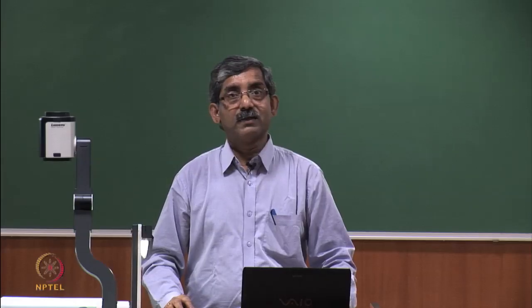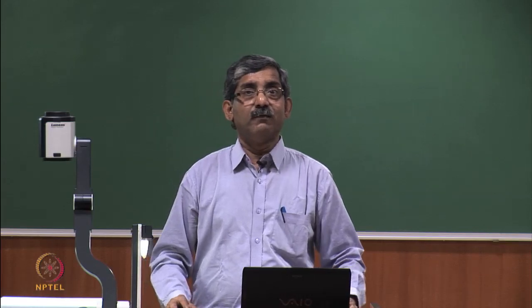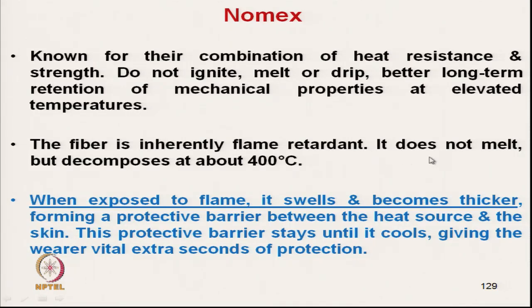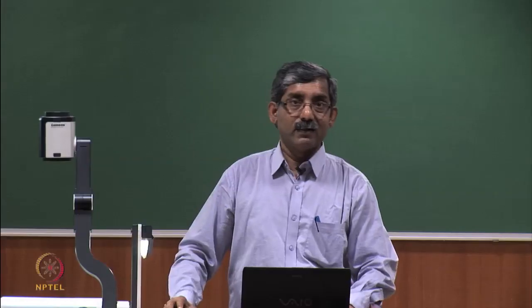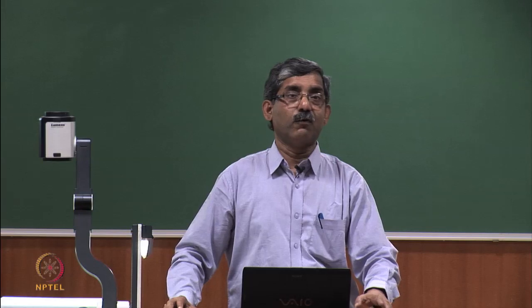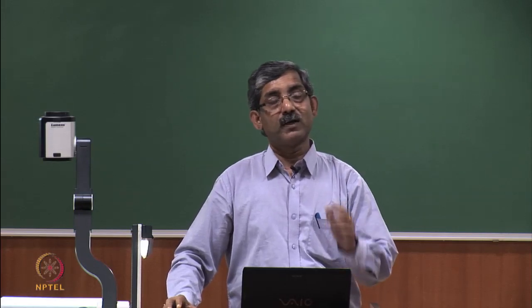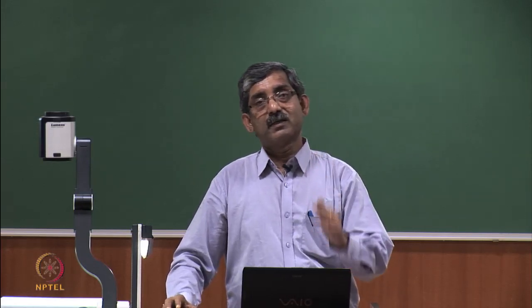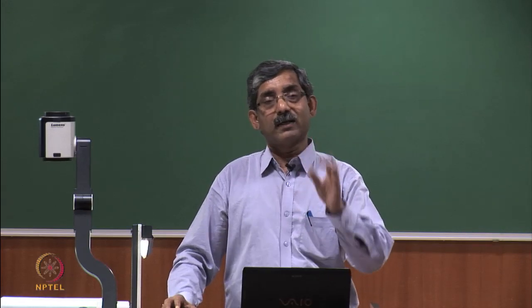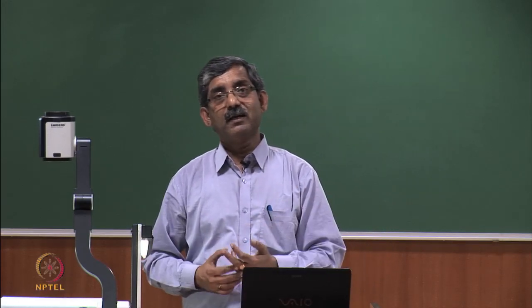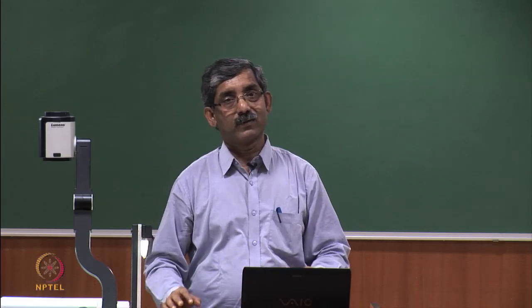The fiber is inherently flame resistant, it does not melt, but it decomposes at 400 degrees Celsius. So, we can safely use it at temperatures less than 400 degrees Celsius.